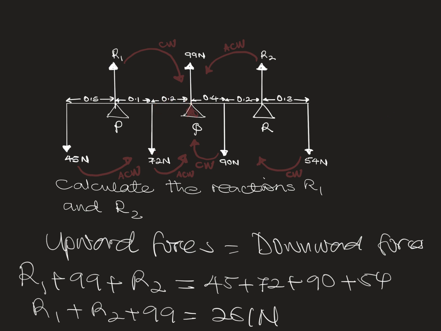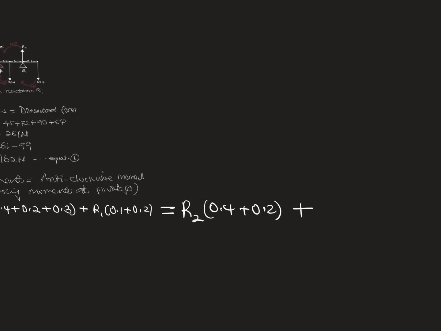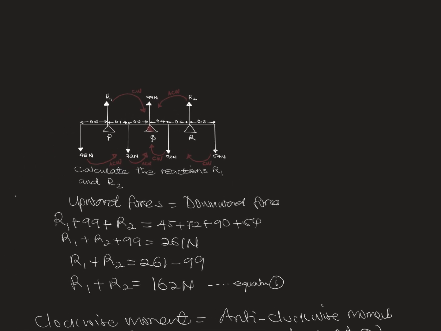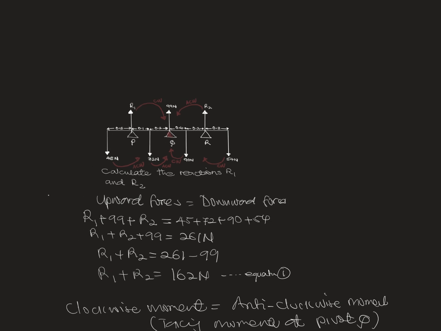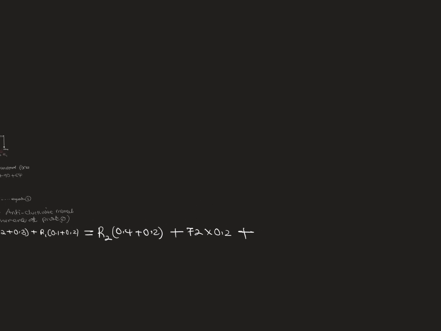So that will be 72 multiplied by 0.2. And the other anti-clockwise moment is the 45 newtons acting at a distance of 0.5, 0.1, 0.2.